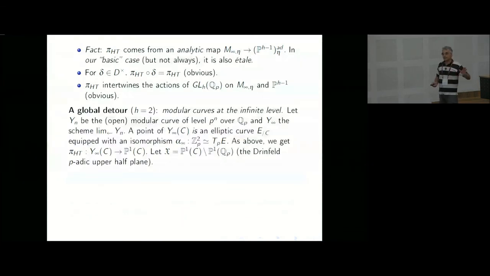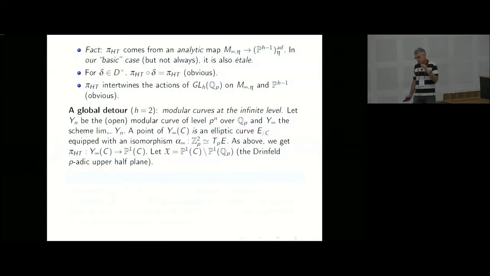So let me now connect it to what Debargha was doing yesterday and what other people might be talking about, to the global picture. But this only in the case where h is 2. So when h is 2, H0 is, as I said several times, the formal group of a supersingular elliptic curve.